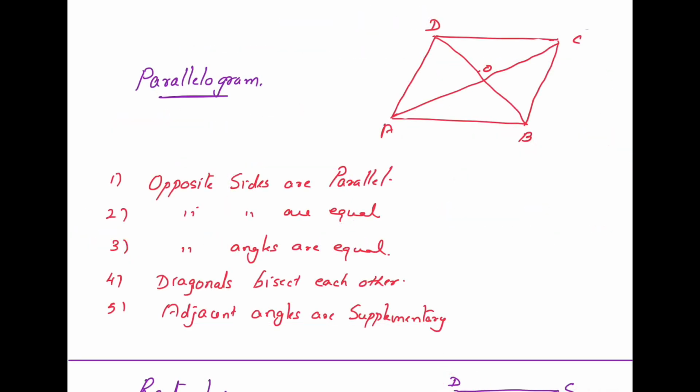So first we will discuss the properties of a parallelogram. In a parallelogram the opposite sides are parallel: AB is parallel to CD and AD is parallel to BC.